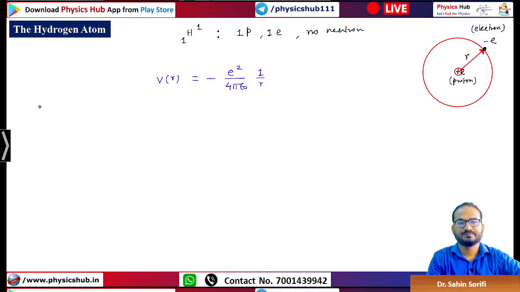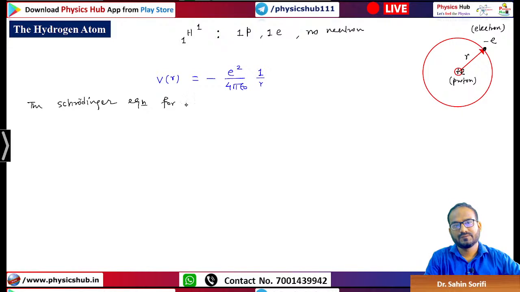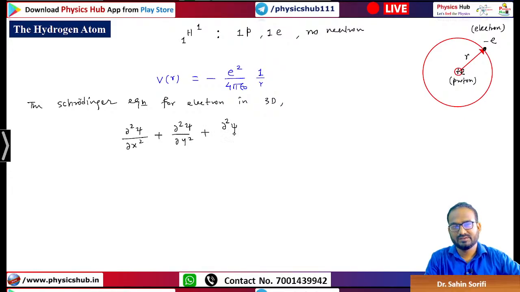So the Schrodinger equation for an electron in 3D: we used to write d square psi by dx square, but I am writing in 3 dimensions, so it becomes del square psi by del x square plus del square psi by del y square plus del square psi by del z square, because we are dealing with the 3-dimensional case, plus 2m by h cut square (E minus V of R) psi is equal to 0.